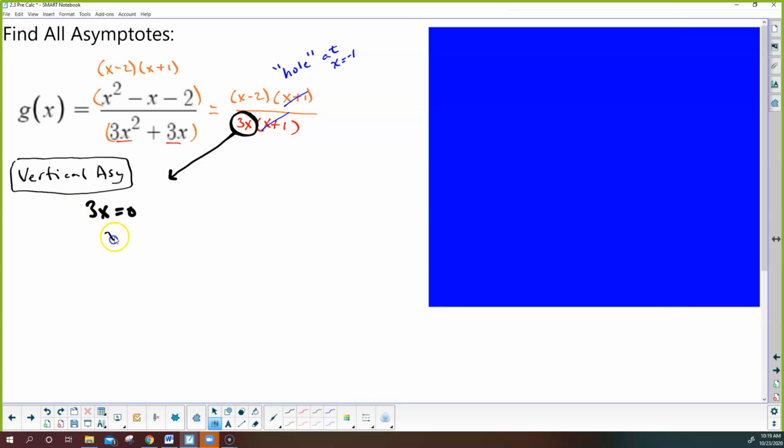So really quick, if we divide by 3, there's a vertical asymptote at x equals 0. Notice how you could get in trouble if you just factored the bottom and you set both of these equal to 0. You might think that there's a vertical asymptote at x equals -1, but because of the factor up top reducing out, that made a hole instead of a vertical asymptote.